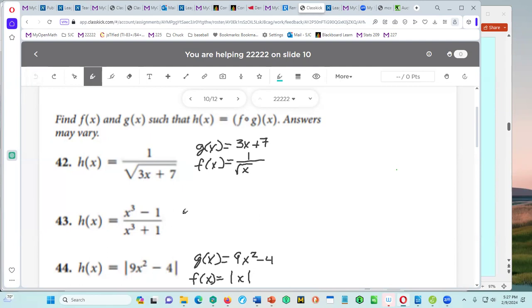The g here is not that clear, but what if we had f be x minus 1 over x plus 1? Then what would be a g that you could put into that would create h? You got it.